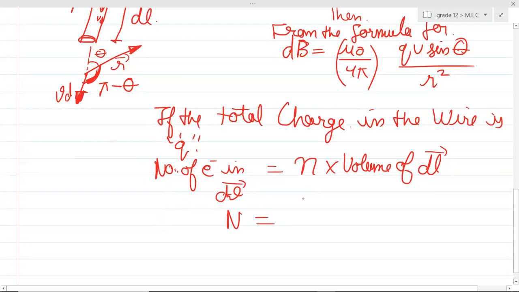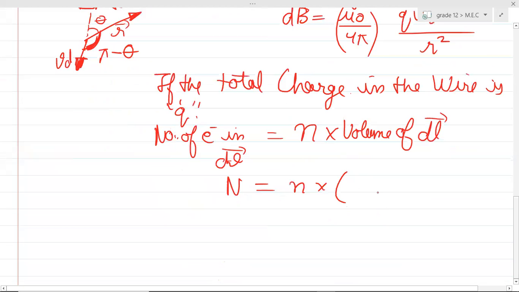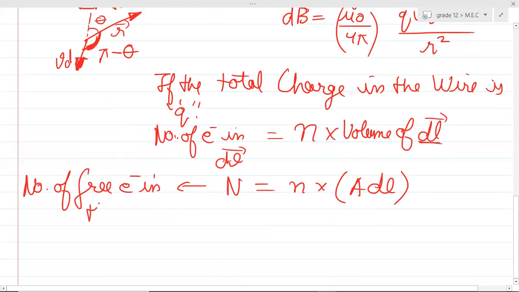So this total number of electrons will be equal to n multiplied by the area A, and the length dl. Yes or no? So this is the number of free electrons in the current element. So what is the total charge on the current element?